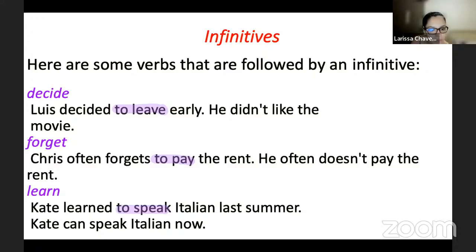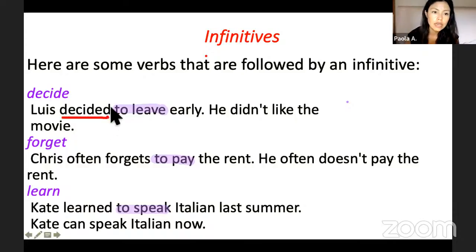Excellent. So if we pay attention to the verbs, it's not always going to be in present, right? It could be in any tense. For example, decide is in past tense, right? Louis decided, it's past tense.